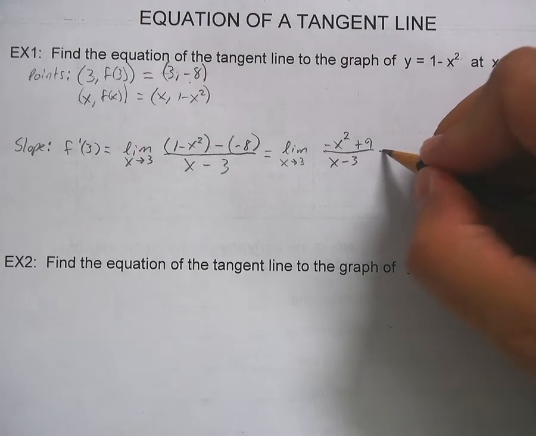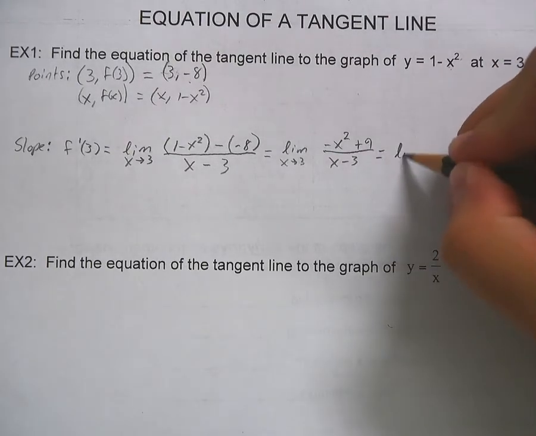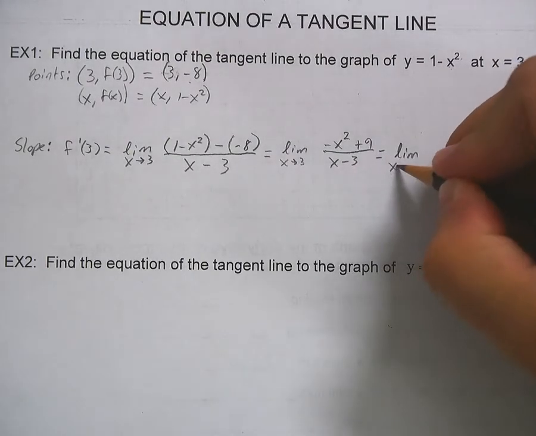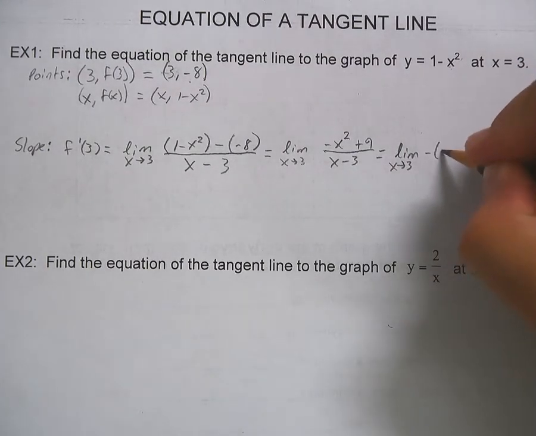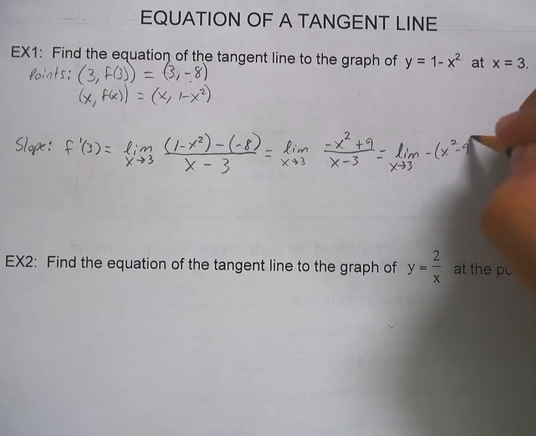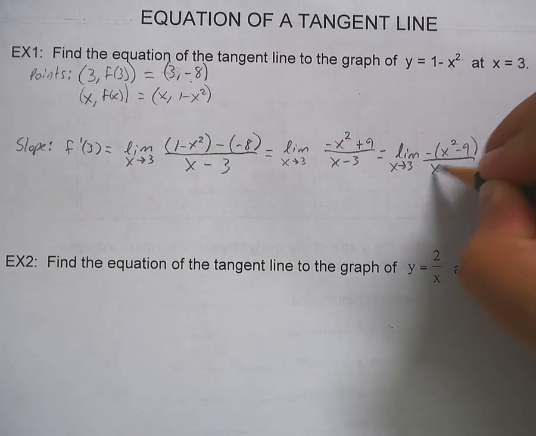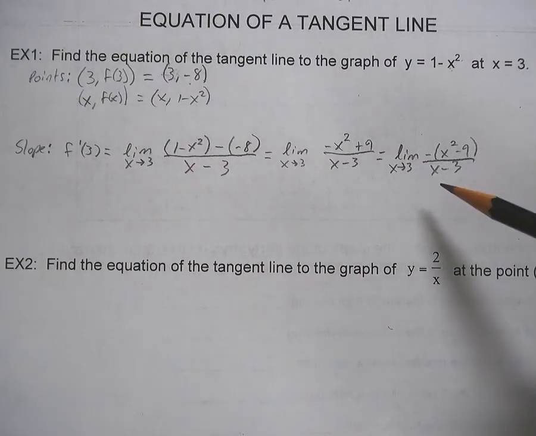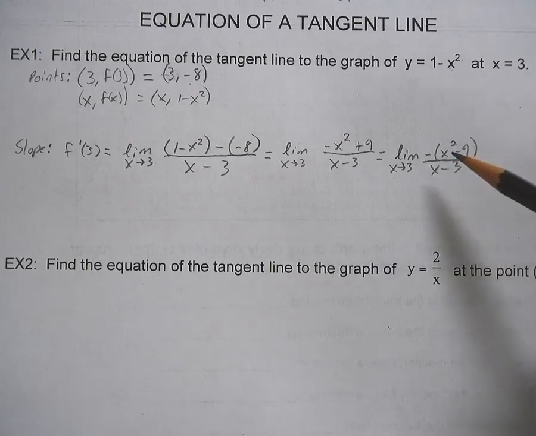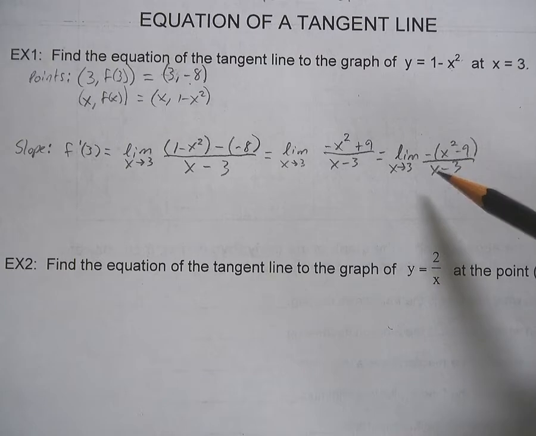All I have to do to get it there is to take a negative out of the top, and I've got x squared minus 9. Now you may be asking, Mr. Ballard, how did you know to do that? Well, I look in the bottom here, I've got an x minus 3, and I want to try and simplify this somehow, because if I plug a 3 in right now, it's just going to go to 0 on the bottom.